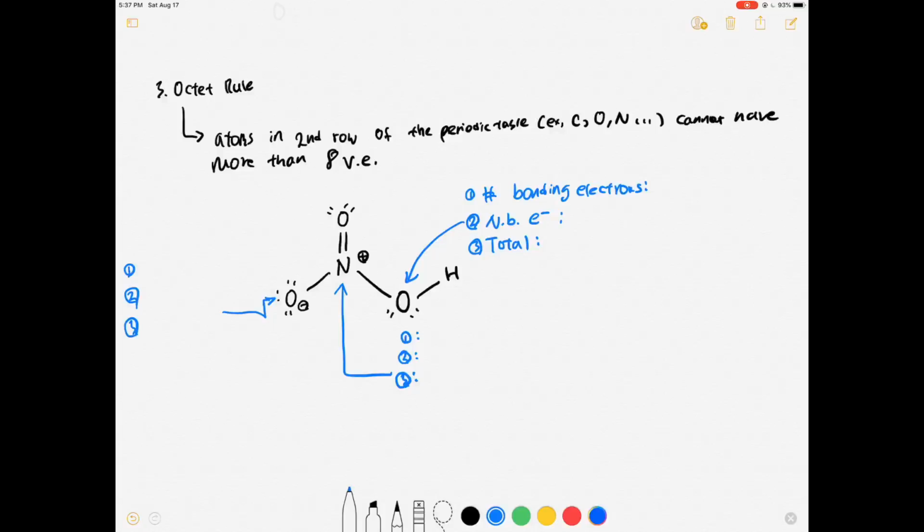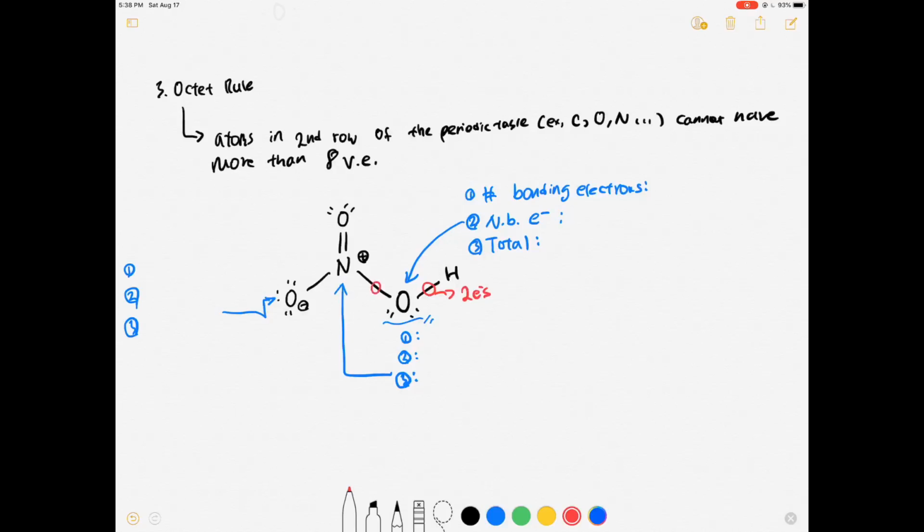So to start with this oxygen over here, the number of bonding electrons: how many electrons are making a bond with other atoms? Oxygen is bonded with hydrogen, which means there are 2 electrons. To make a bond, you need 2 electrons.